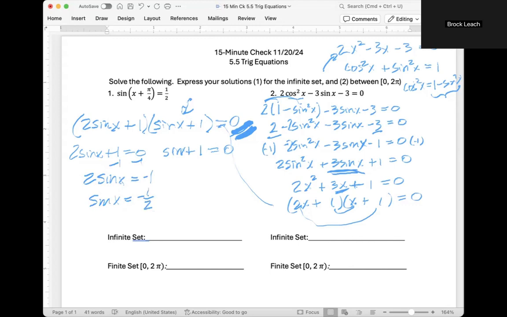Okay, and then we would find the x's that give me -1/2 for sine, or the angles that give me -1/2 for sine, which we found in the first instance, but not the second one. We know this using the arc sine would give us something in the fourth quadrant, negative pi/6. So that's one of my solutions, but also it's negative in the third quadrant.